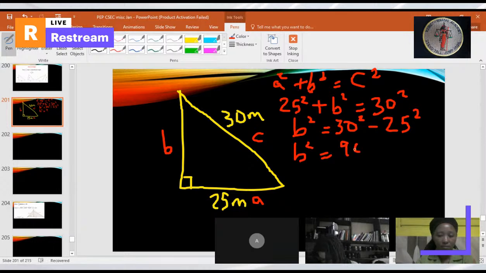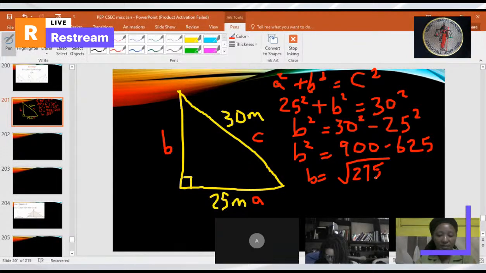So 900 minus 625 is 275. And now we're going to find the square root of 275 to find what b's measurement is. The square root of 275 is 16.5.